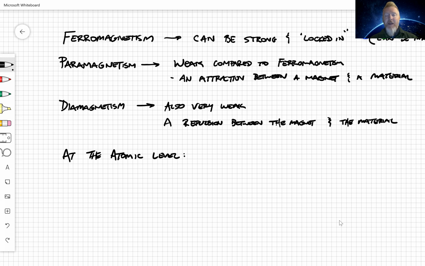The electrons themselves are actually individual little magnets. It's built in. It's so cool. The electrons have a magnetic field associated with them already, which is pretty amazing. They have what's called a magnetic moment.